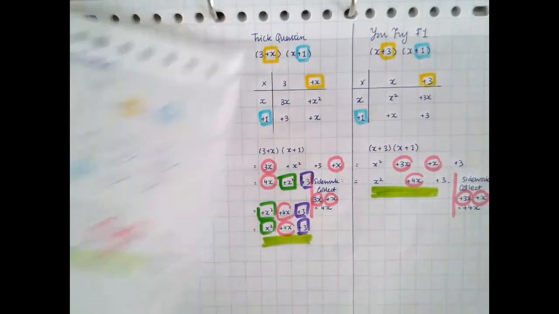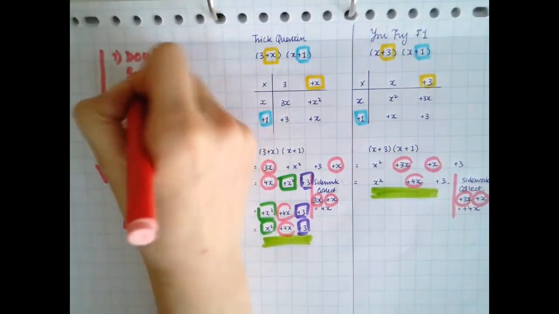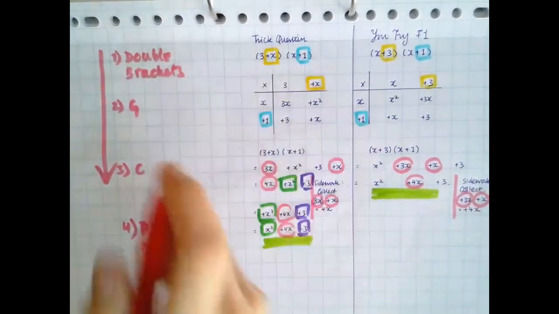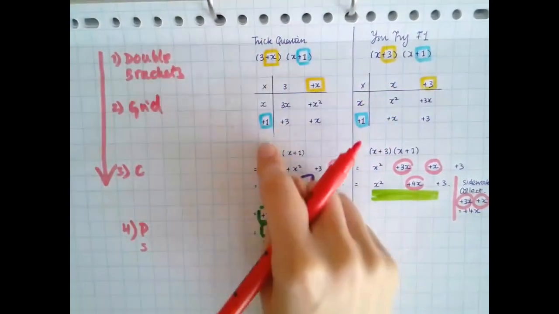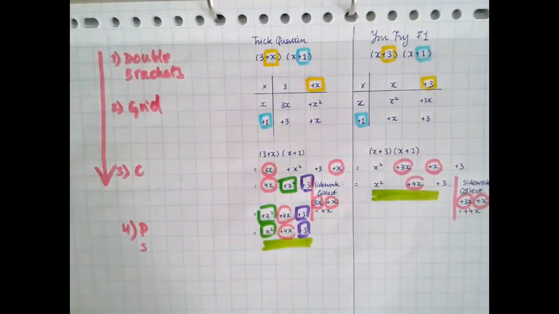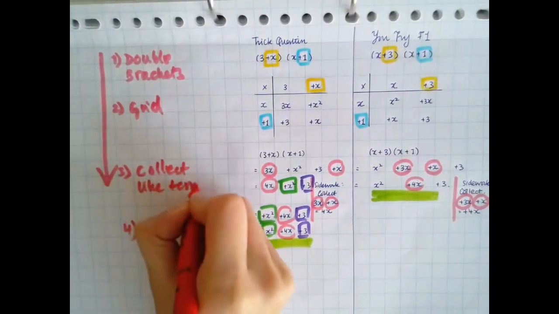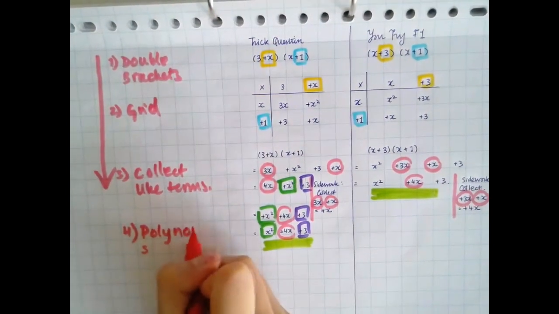Okay, so just to summarise, we did 4 things. We started off with double brackets. Put them in the grid. First bracket goes at the top, second bracket goes on the side. We then collected our like terms. And at the very end, we got ourselves a polynomial.